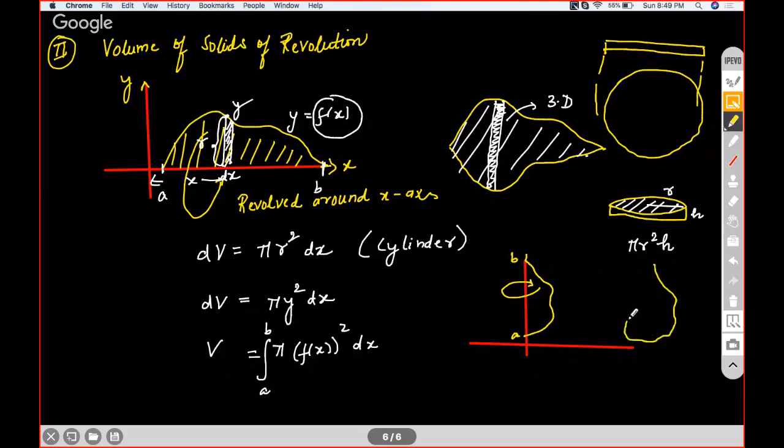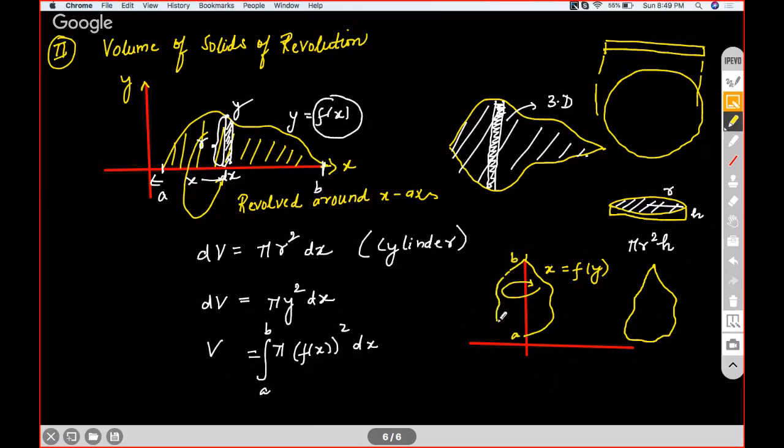Instead of the y coordinate, you can take the x coordinate. Earlier it was the x axis, now I have taken the y axis. What would be the expression that you would write, given that this function is x equal to f of y? It'll be pi into f of y whole square, integral from a to b.